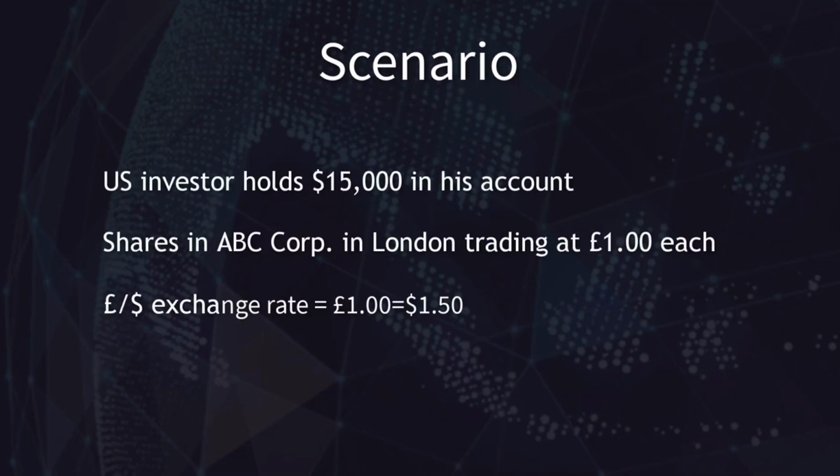A US investor has a $15,000 account and wants to buy shares in ABC Corporation, trading in London at £1 sterling each. At the outset, the current rate of exchange means that the British pound buys $1.50. It's unimportant that the investor has greater buying power, but you should understand that the sterling equivalent value of the account is £10,000 at that starting exchange rate.